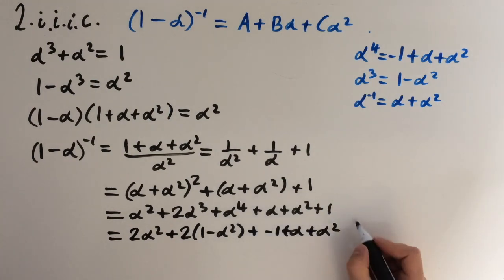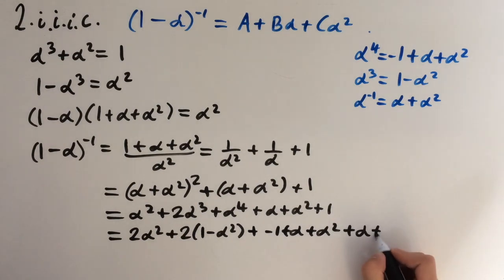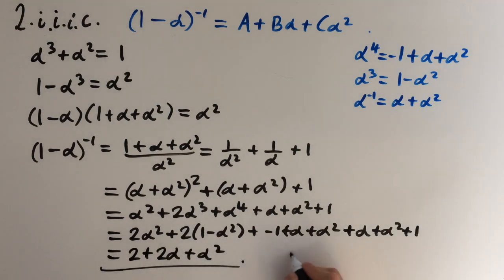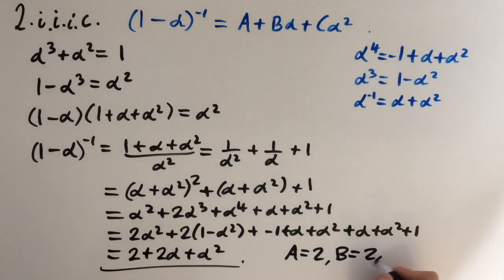And we've got all this stuff left, so plus alpha squared plus 1. So finally, we can simplify this whole expression as 2 plus 2 alpha plus alpha squared. And this is our quadratic equation. So for this, we have that A equals 2, B equals 2, and C equals 1.